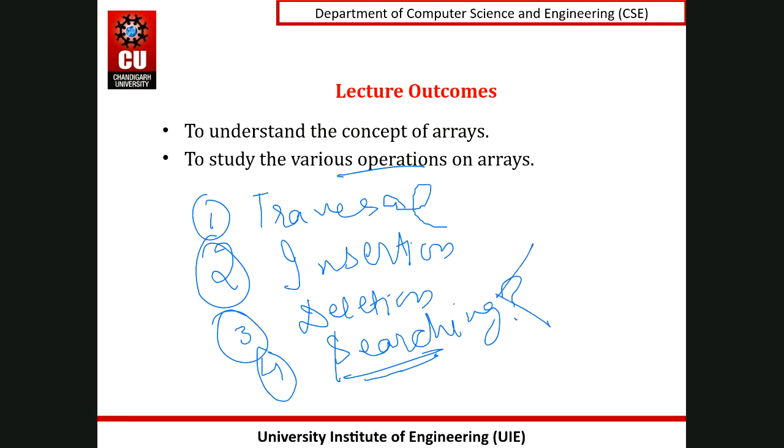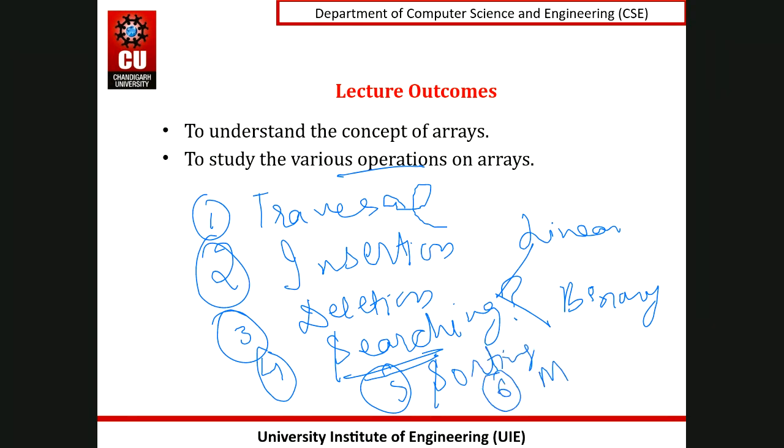That is linear search and binary search. We won't be covering it again, as we have already covered it in depth in your lab session. What can be the other operation? That is sorting, and the sixth one is merging. So these are the operations that can be performed on any data structure.